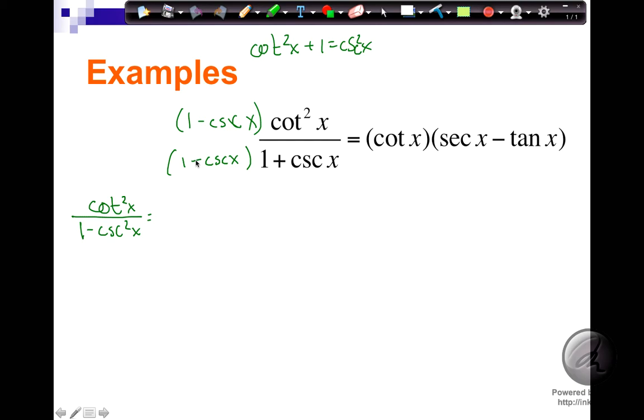So 1 minus cosecant squared. So how am I going to get 1 minus? I'm going to have to subtract cosecant squared and subtract cotangent. So this means 1 minus cosecant squared x is equal to negative cotangent squared x. Well, that doesn't look right, because that means I'm going to get a negative 1 here.